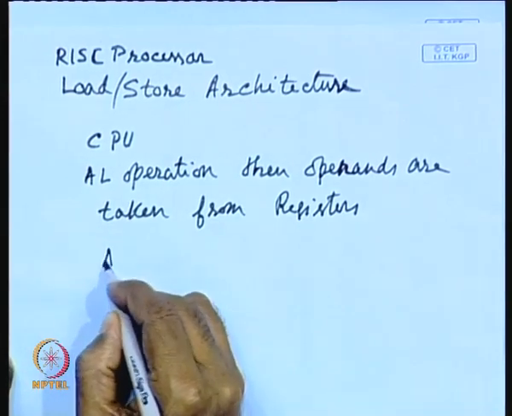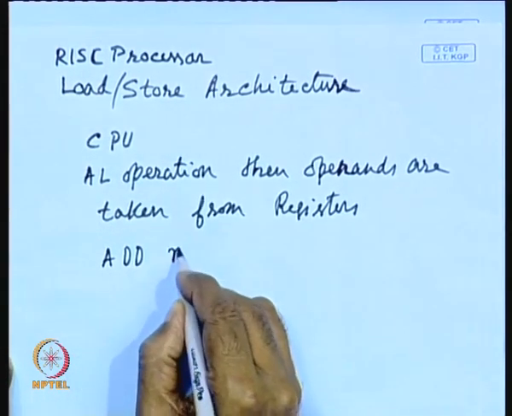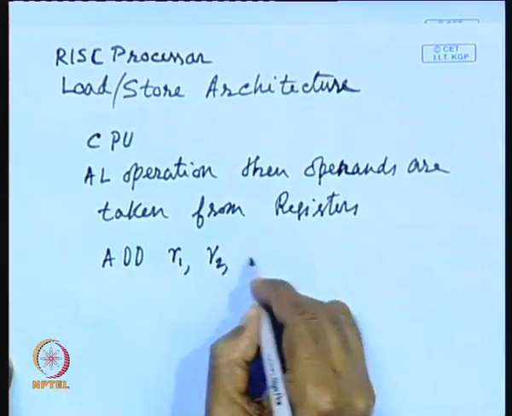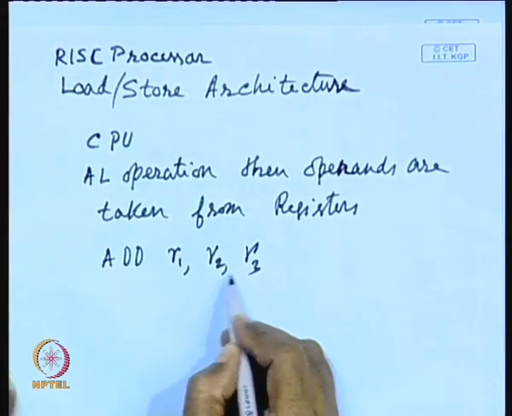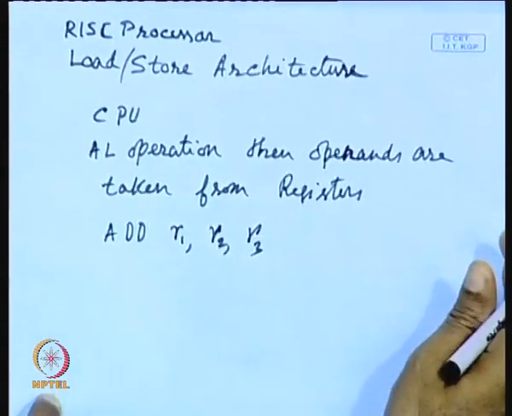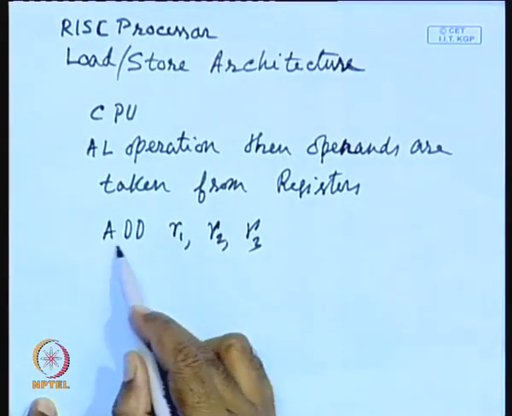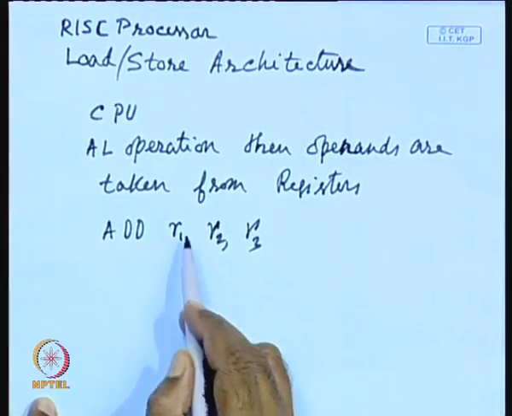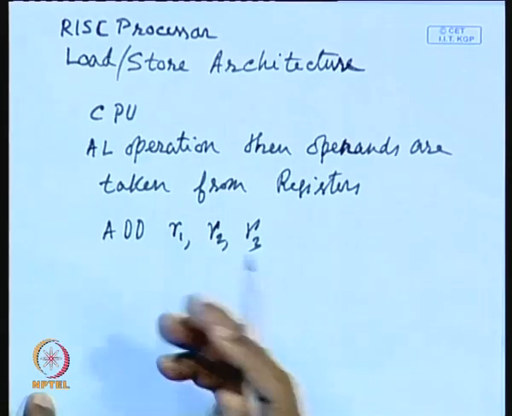For example, it can be add R1, R2, R3. That means the content of R2 is added with the content of R3, and the result is stored in R1. You cannot perform an add operation with the content of a register and that of a memory location. So, all the arithmetic and logical operations are performed with the registers.